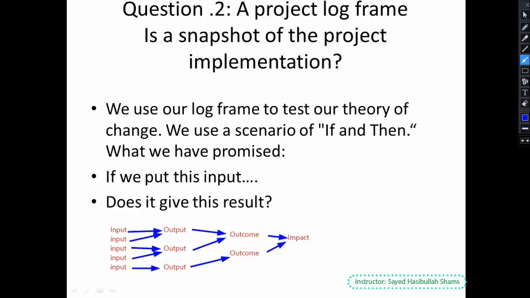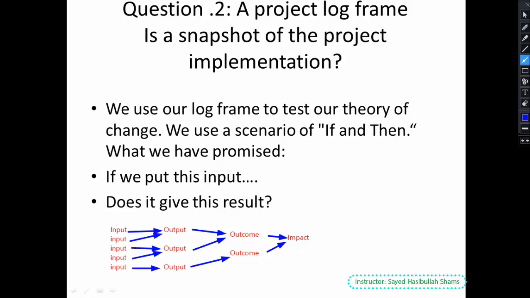produce an impact. So the logical framework is a snapshot of the project implementation because it helps us to design a theory of change. The theory of change is a scenario. For example, if you add this input, what will happen?